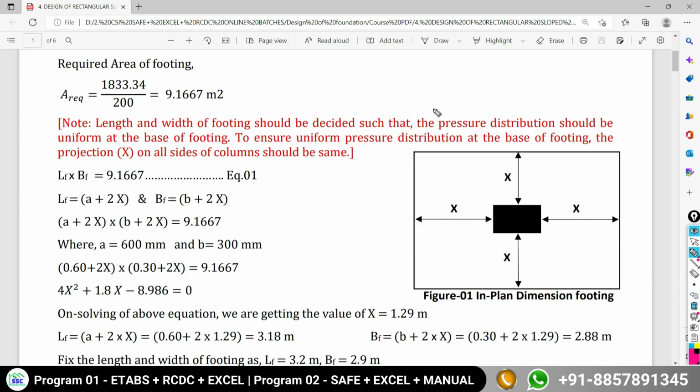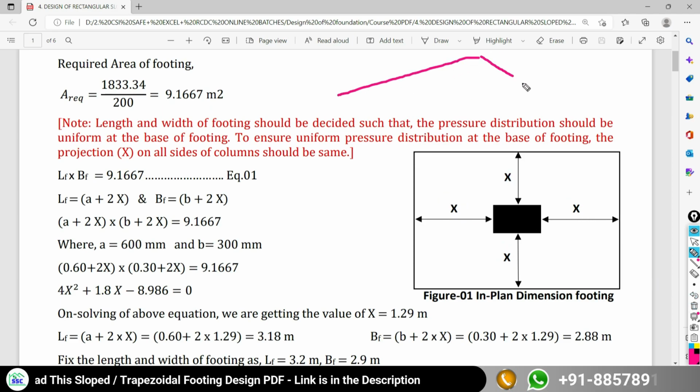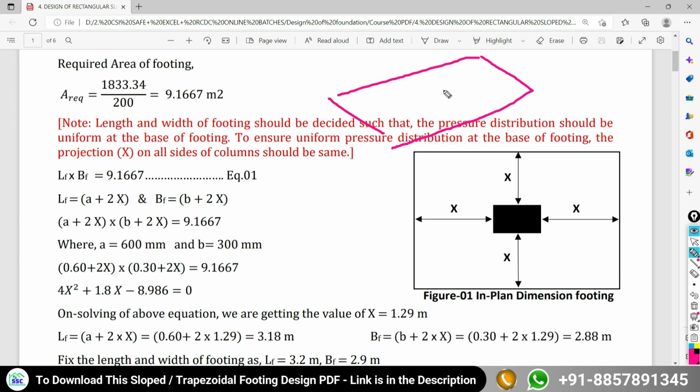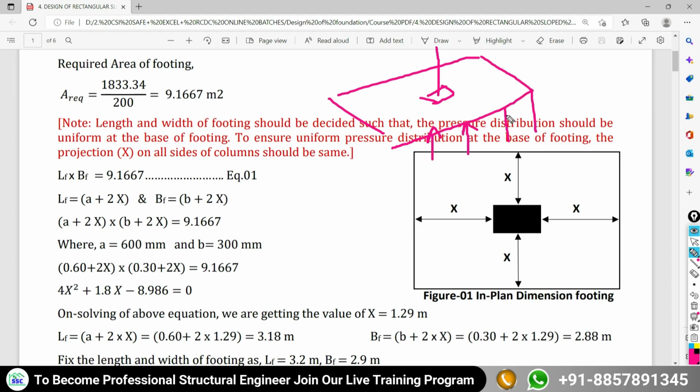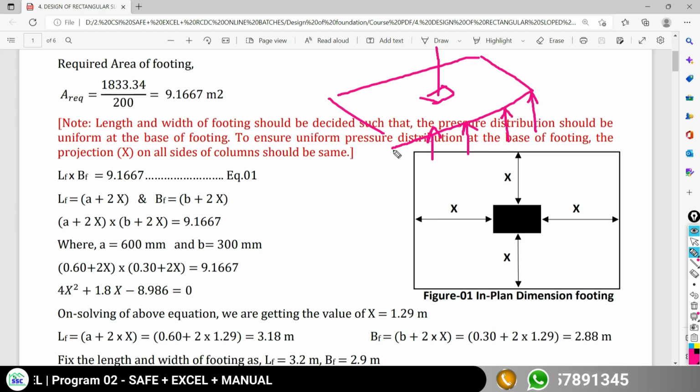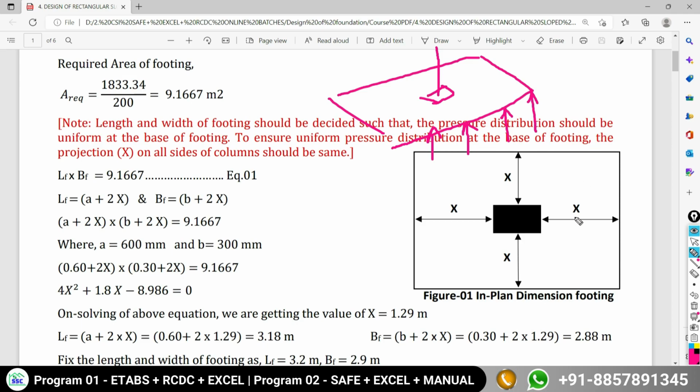And you can ensure this only when your column is positioned centrally over your foundation slab. If the CG of your column and the CG of your footing coincide, then only can we ensure that your foundation is subjected to uniform pressure distribution. And if the pressure distribution is uniform, then the settlement will also be uniform.